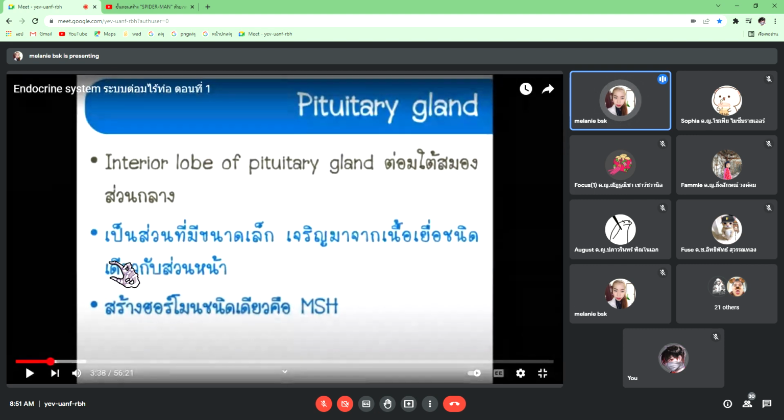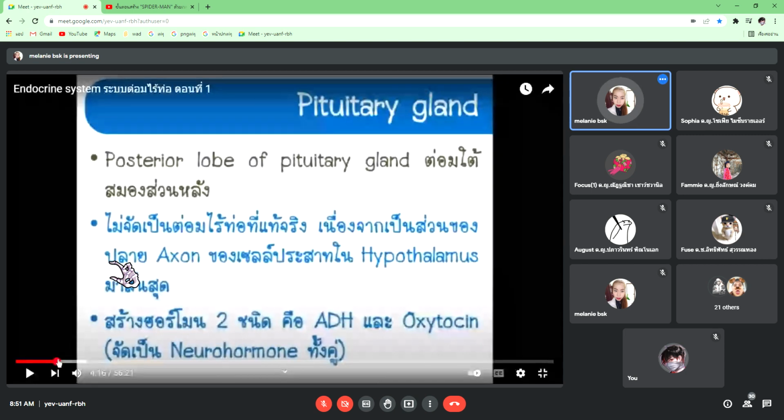Anterior is the upper part and the posterior lobe is the lower part. The posterior lobe produces oxytocin. Oxytocin is responsible for your emotion, for being happy. When your pituitary gland produces oxytocin, it means anti-stress also. It means you are happy. It's responsible for being happy, children.